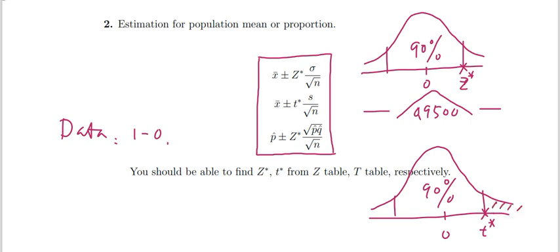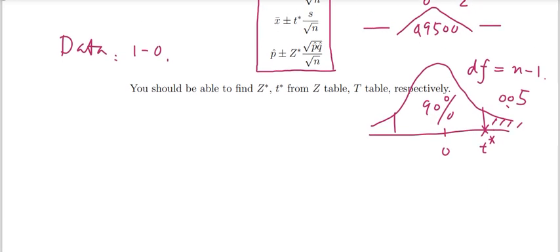One tail on this side is 0.05, so we check one tail 0.05 or two tail 0.10. Right? For the T distribution, we have degrees of freedom. For a one sample problem, degrees of freedom is n minus 1. Once we have this T star, it is just some calculation, right? Easy problem.